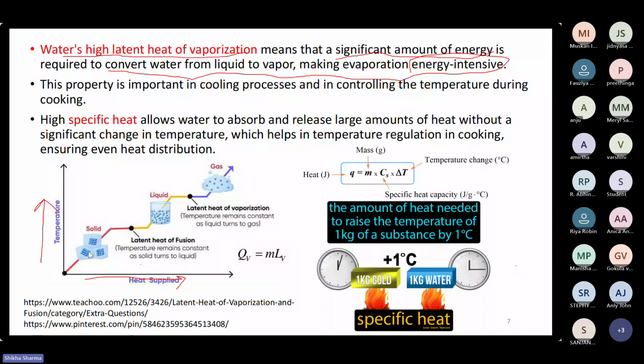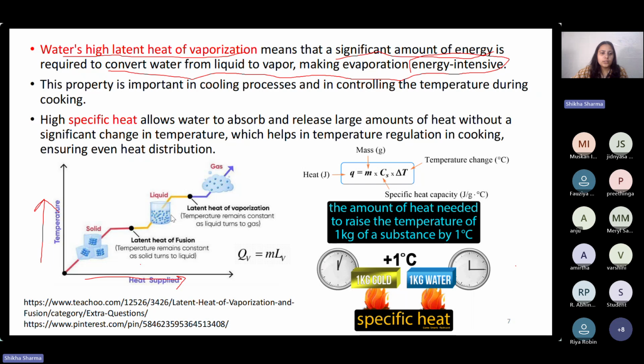So when we supply the heat, ice becomes water. When the phase is changing, it is known as latent heat of fusion. But when liquid is converted into gas, that is latent heat of vaporization.